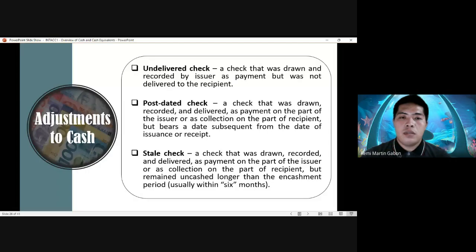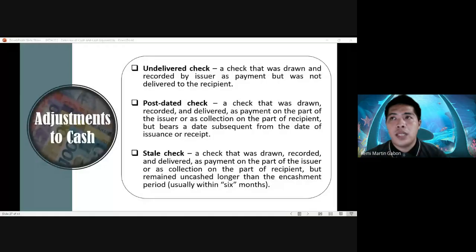So for undelivered check, it is a check that was drawn. When we say drawn, not literally drawn as in a drawing.